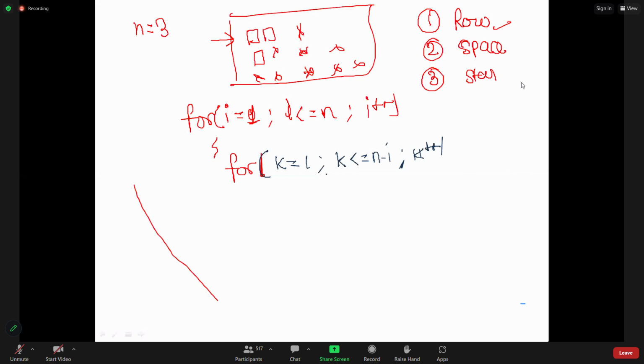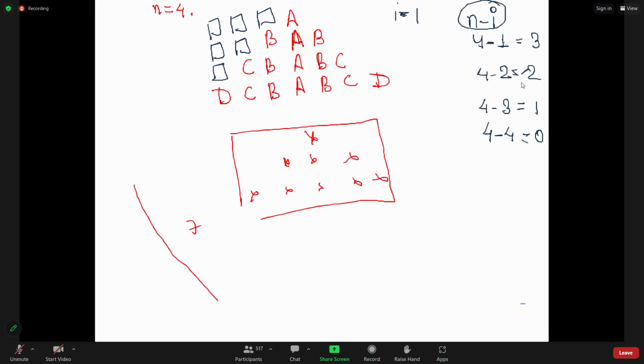So if I talk about this, K value you are starting from 1, right? So when you start this K loop, the space loop, how many times will it run? You have already seen in the previous slide, when I value is 1, the loop runs 4 minus 1.